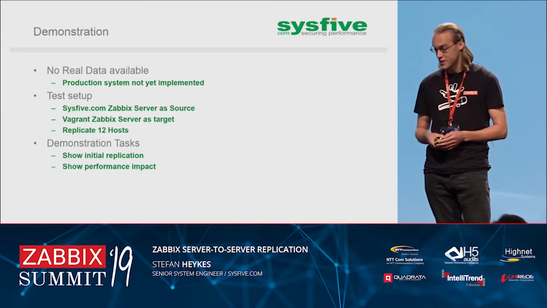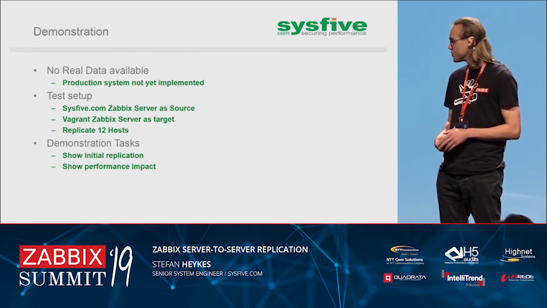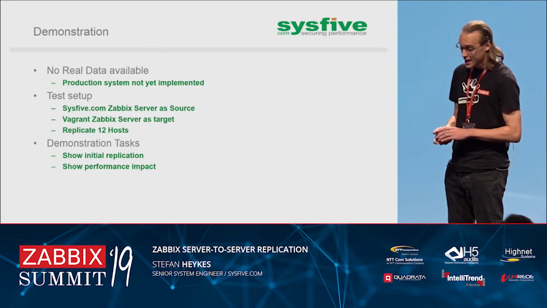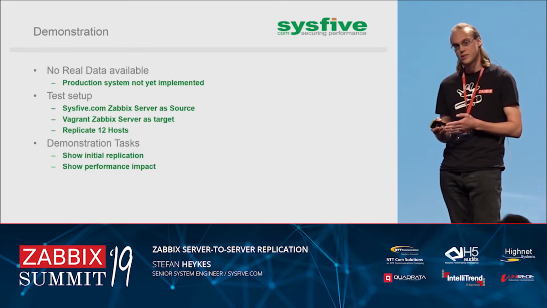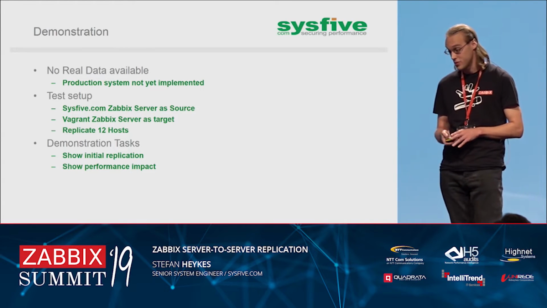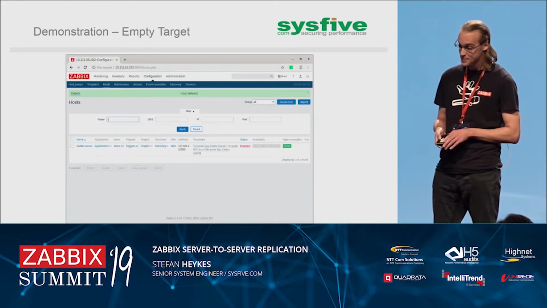And in Vagrant, I just set up a Zabbix server as a target and collected a set of 12 hosts I decided to replicate for this demonstration. I will show screenshots from the initial replication, how this looks, what is replicated there, and also a bit on the performance impact this has on the Zabbix servers.